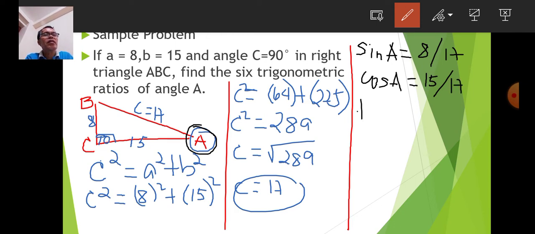Then tangent A is opposite over adjacent: 8 over 15. Now the last three are the reciprocals of the first three. So the reciprocal of sine A is cosecant A.